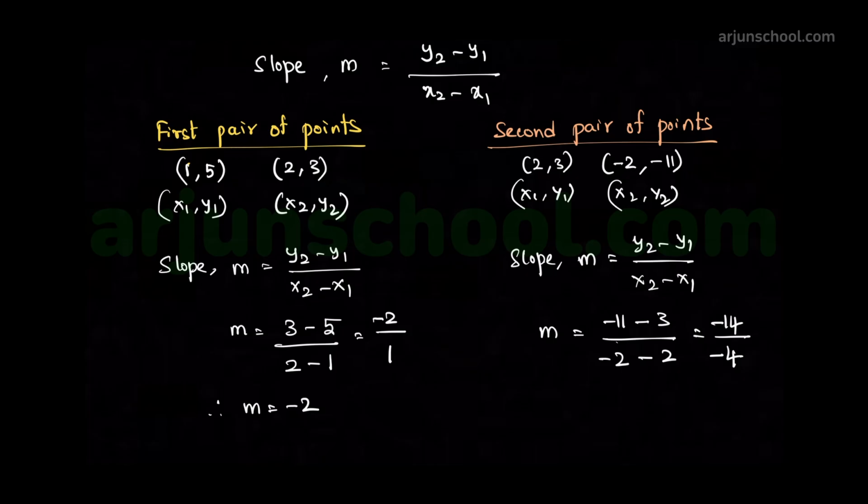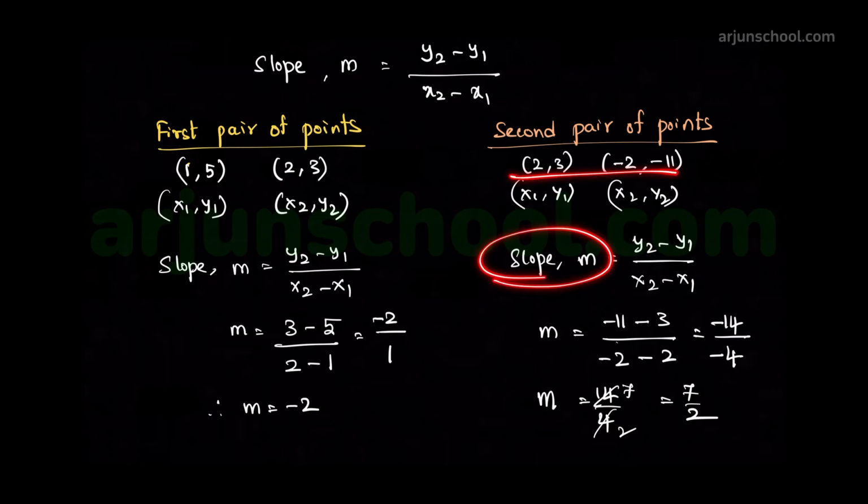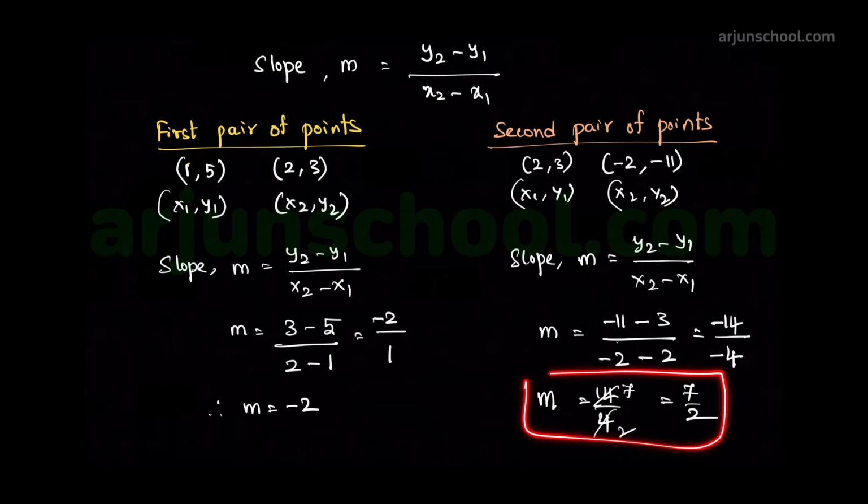That is equal to 14 by 4. Cancel 2 from both numerator and denominator, we get 7 by 2. Therefore, the slope of the line joining the points (2, 3) and (-2, -11) is 7 by 2.